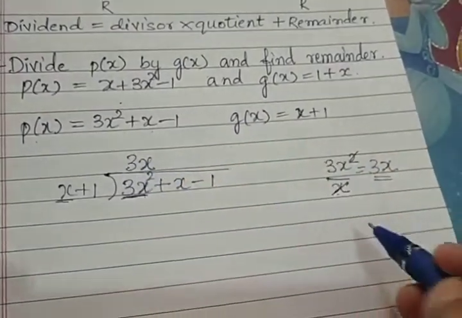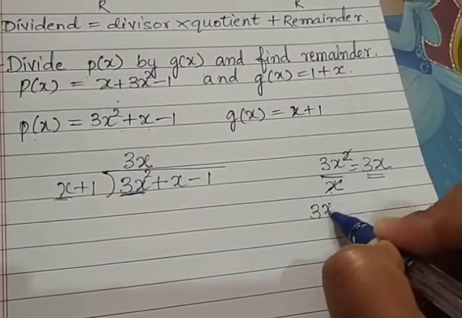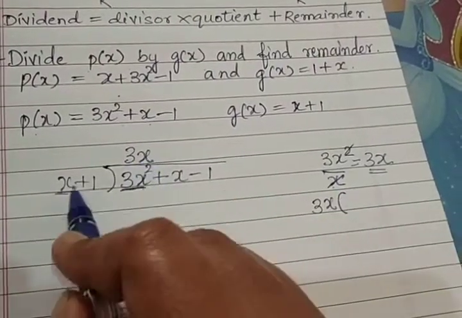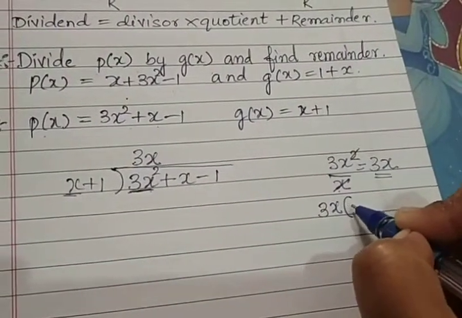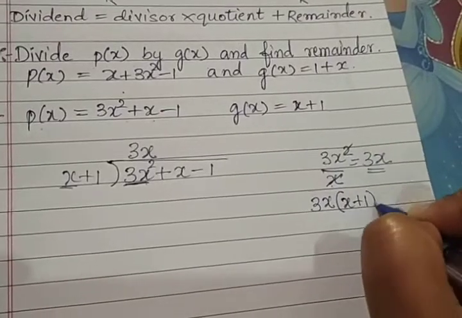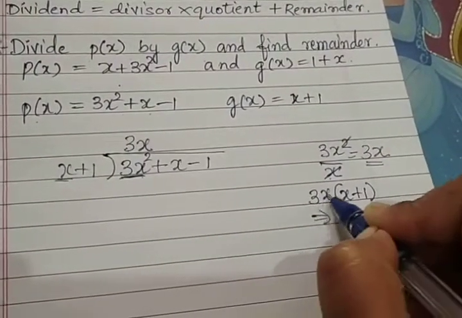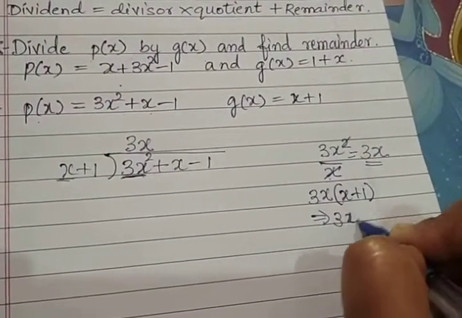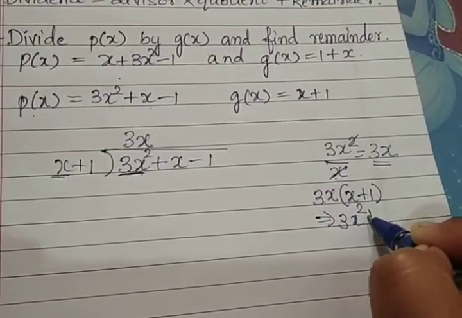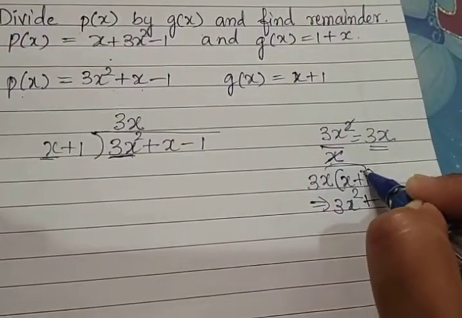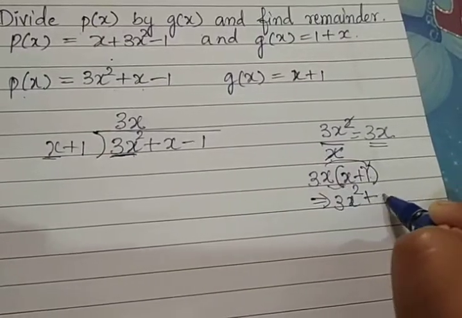Next step, take this 3x and multiply by the divisor x plus 1. Multiplying, we obtain 3x into x as 3x square plus 3x into 1 is 3x.